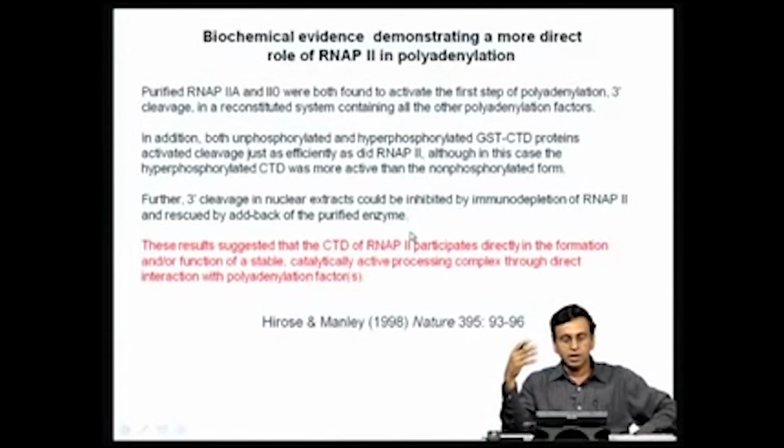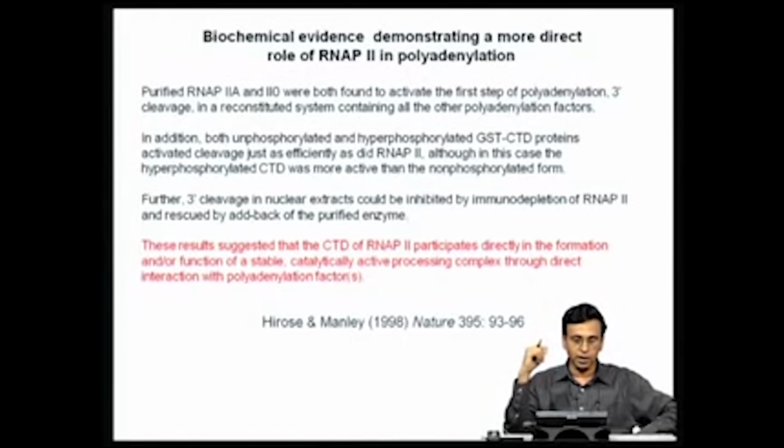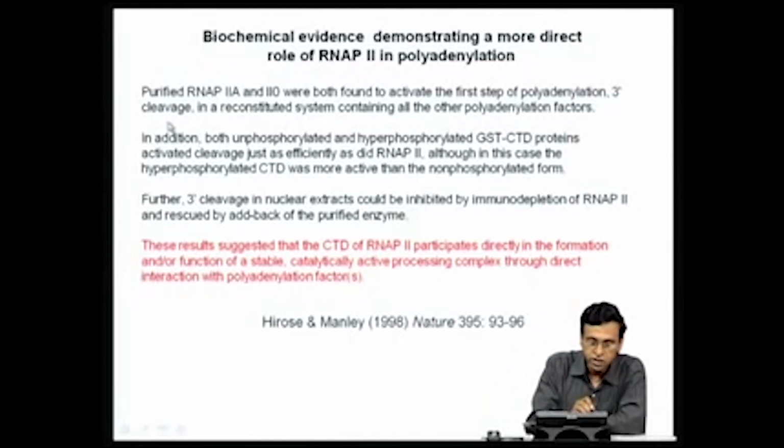Now, what is the biochemical evidence demonstrating a more direct role for RNA polymerase II in polyadenylation? This is what I discussed just a little while ago. If you take the purified RNA polymerase IIA and RNA polymerase IIO, both were found to activate the first step in polyadenylation. Remember, the difference between polymerase IIA and IIO is that one is a non-phosphorylated form and the other is a phosphorylated form.